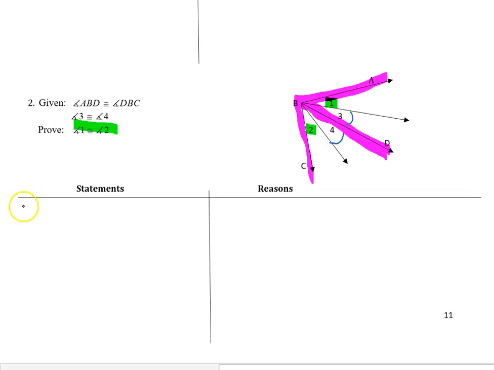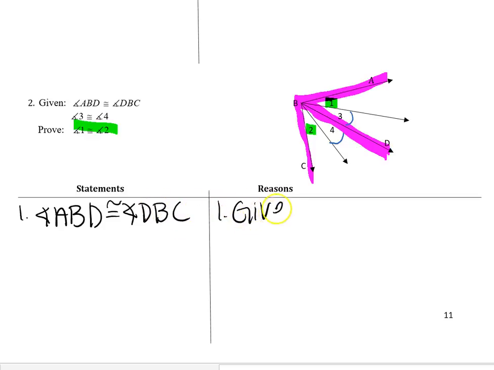So those have to then be congruent. Okay, so starting with our givens. Let's talk about what these angles are made up of. I know they're made up of 3 and 1 and 4 and 2 respectively.